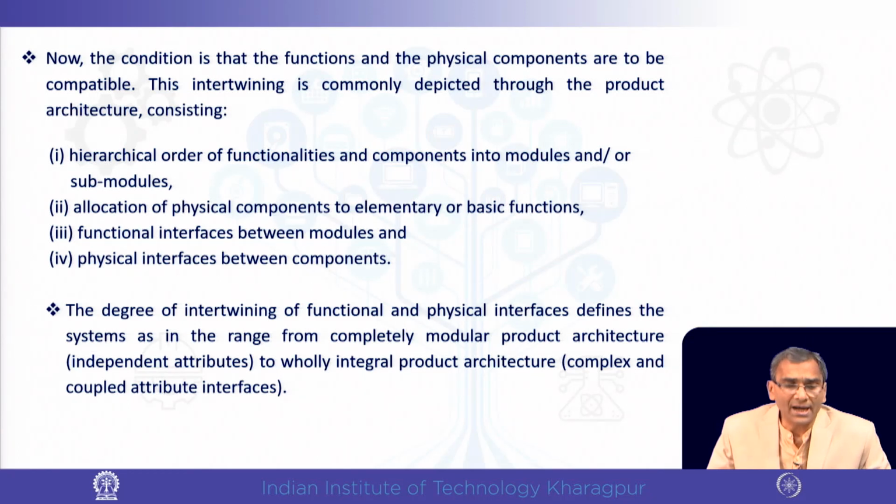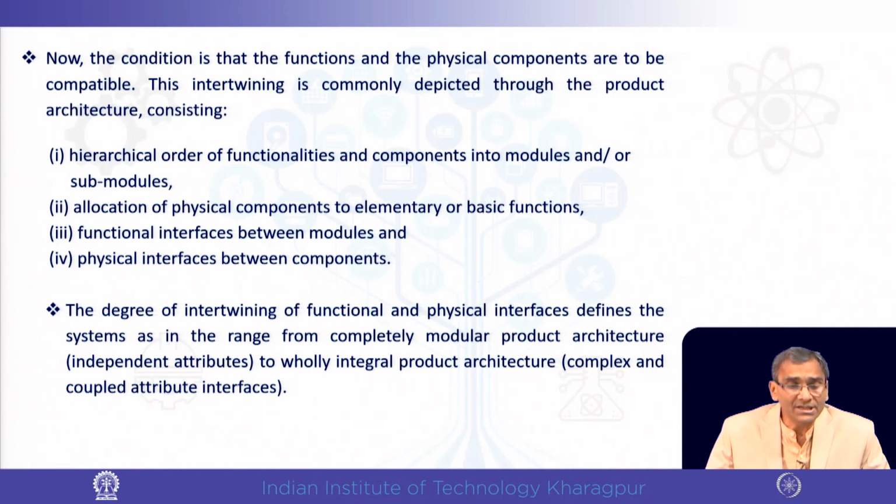Now, the condition is that the functions and the physical components are to be compatible. Obviously, with incompatibility, you cannot deliver the function through that physical element or physical part or component.